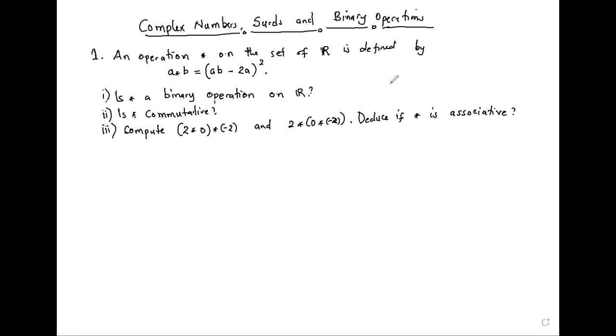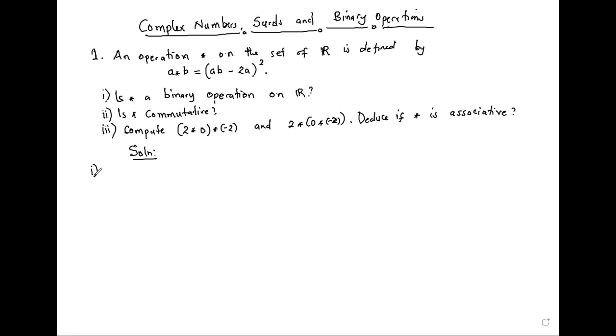Third, we compute those two and then deduce if it's associative. So now let's see part 1. Is star a binary operation on R? How do you decide? How do you respond?